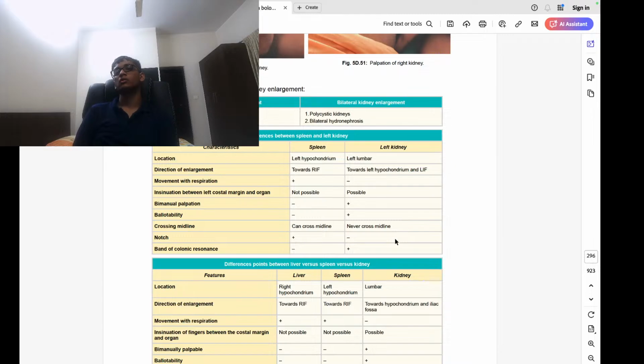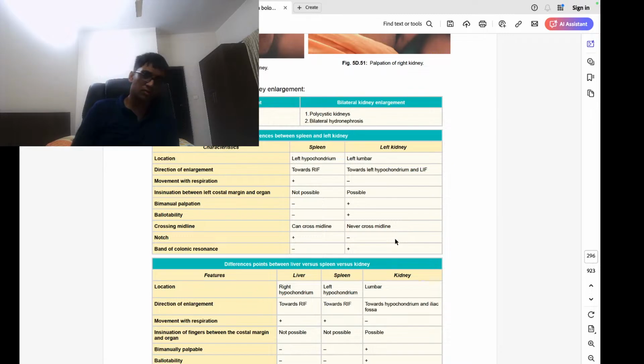It is of two types, dominant and recessive. Dominant is more common but less severe, and recessive is less common but more severe, I think. You have to do a lot of things to save the patient.